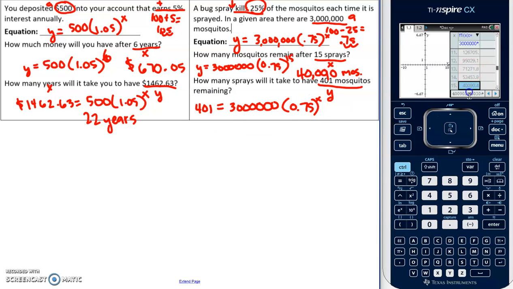All right, if I'm using my table this time, so I'm just looking for this y value to be 401. So we're going to keep going, click, click, click, getting close. Ooh, 401. So about, I'm going to look at the next one, that's too small, so 31 sprays will drop us to 401 mosquitoes. And that's what you do.